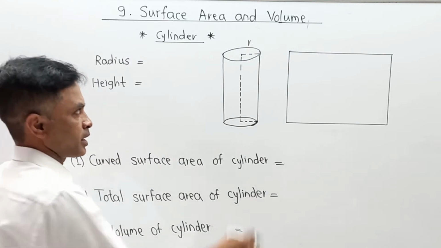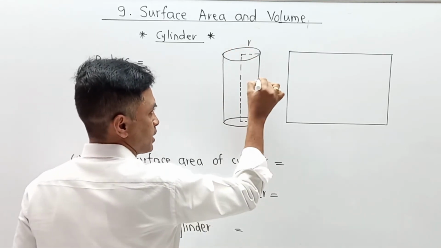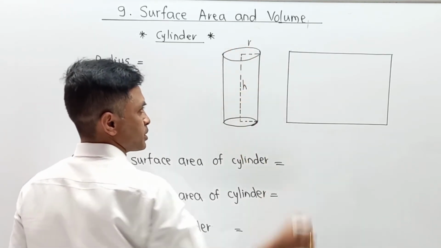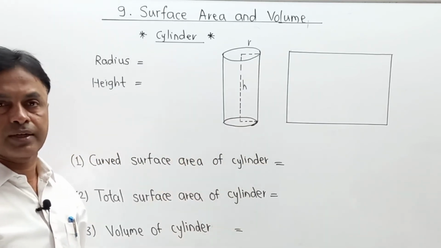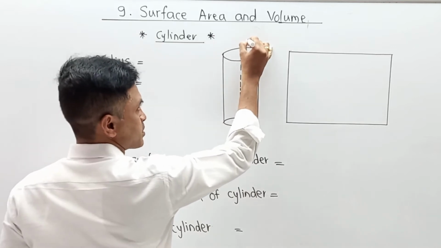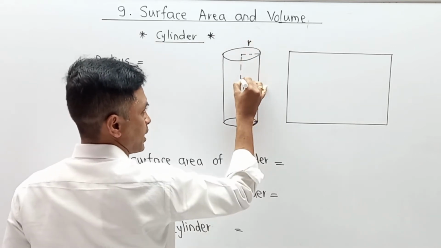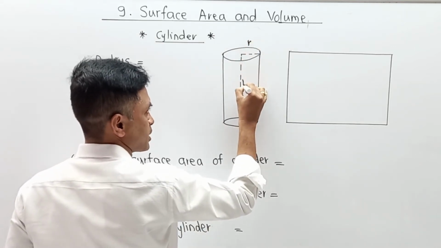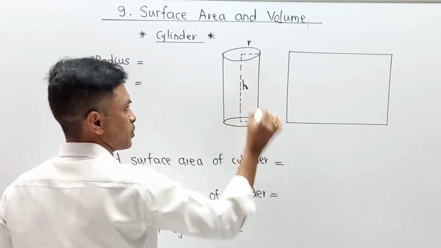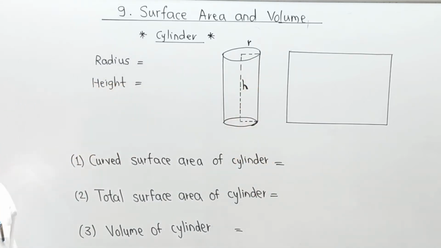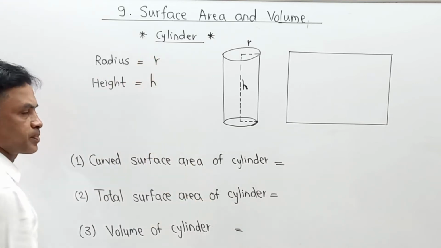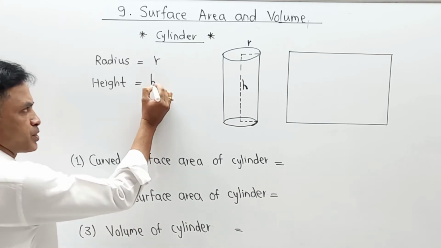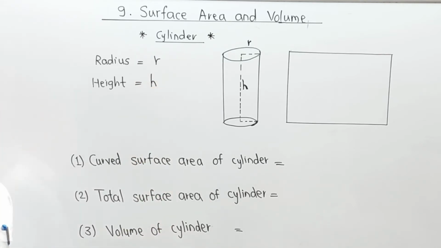And second, the height of that cylinder, indicated as h. So we indicate radius by small r and height by h. These are the 2 symbols we always use in cylindrical calculations.